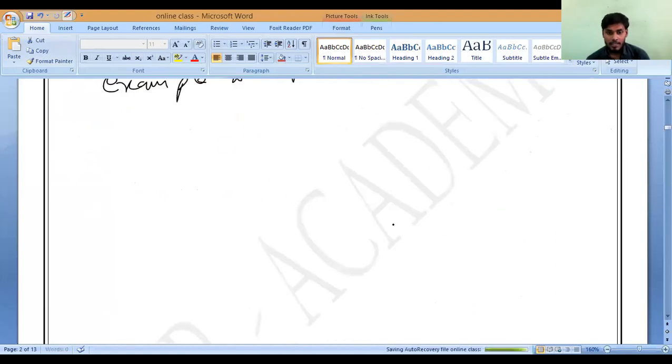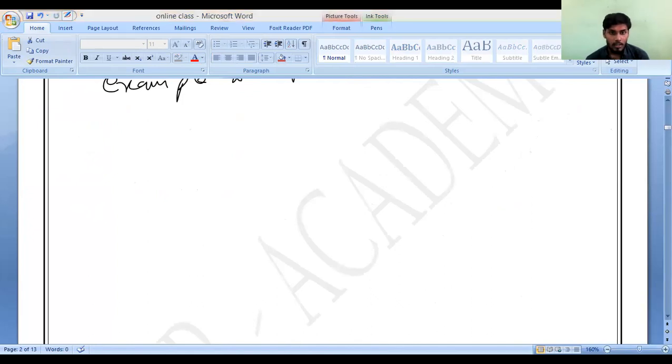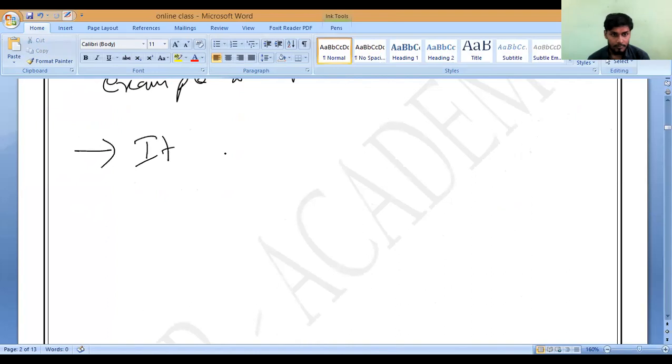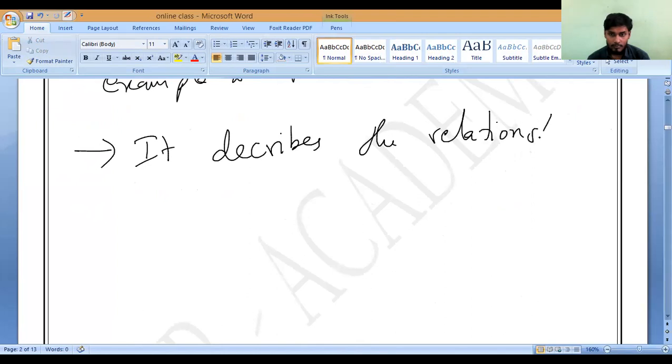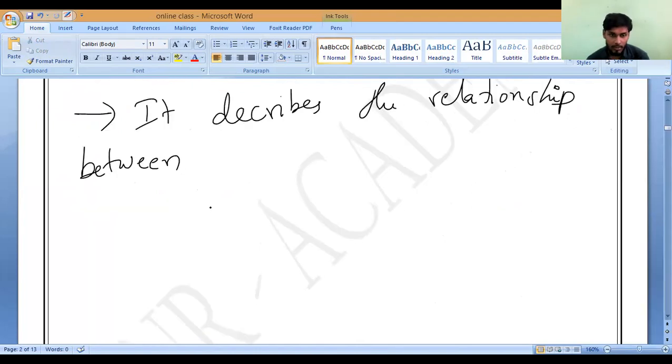Newton's third law of motion describes the relationship between two bodies.